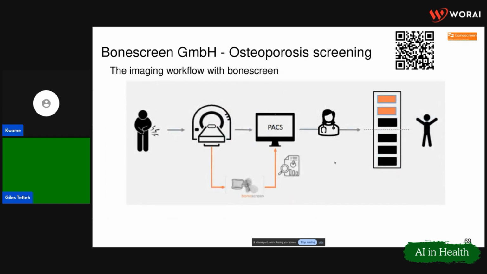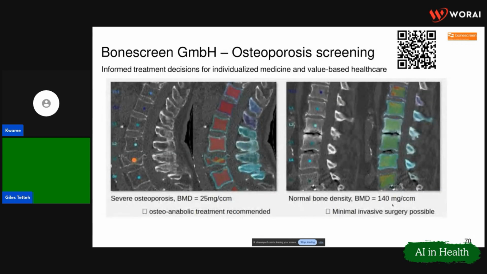So we basically sit between the scanner and the PACS. The PACS is what the radiologists use. And what we do is we process the data, we provide a report to the clinician, and then they are able to diagnose osteoporosis. Basically, we do segmentation of your spine.